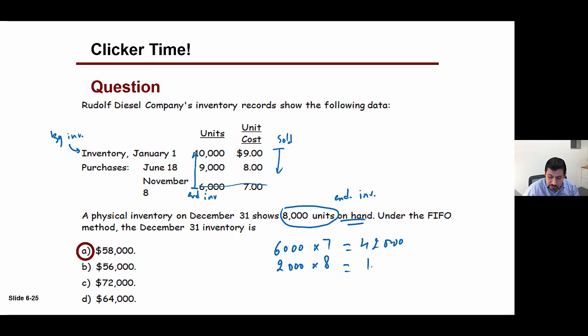That would be 16,000. The total will be 58,000. This is how you calculate the inventory. Once again, to calculate the cost of goods sold, subtract it from the cost of goods available for sale.